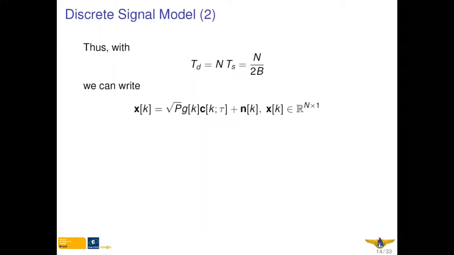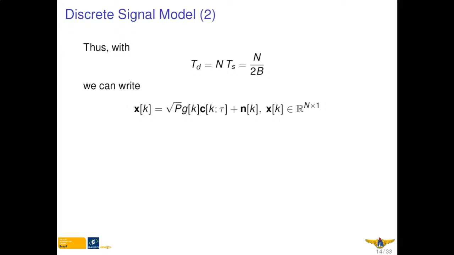So the duration of the sequence is equivalent to the number of samples that we took times the sampling duration Ts, and this is equivalent to N over 2B. And we can now derive a vector formulation of our signal. We have the signal vector x of period k, the vector c of k parameterized by tau, so of our spreading sequence, and we have a noise vector.